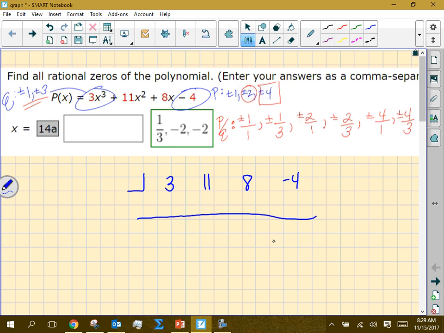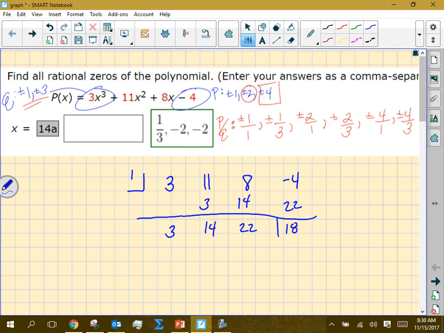But if I choose one that's not a 0, I'm going to choose 1 up here. So I bring my 3 down, multiply, add together, I get 14, multiply that, put the 14 here. That gives me 22. Multiply the 1 by the 22. It's 22 there. And now I get a remainder of 18.